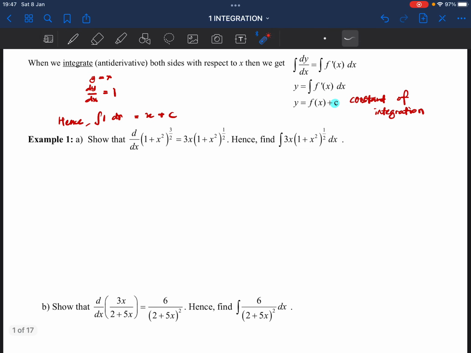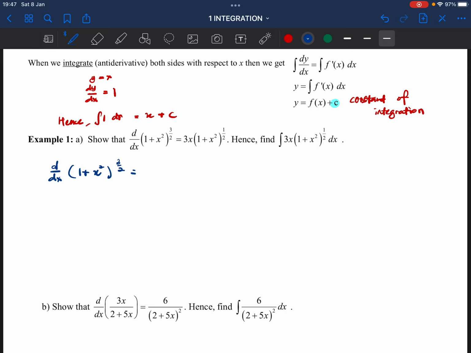Just take a look at the first example here. The question said, show that d over dx of 1 plus x squared power 3 over 2 is equal to this. You know how to do your differentiation. You have to use the power rule here.